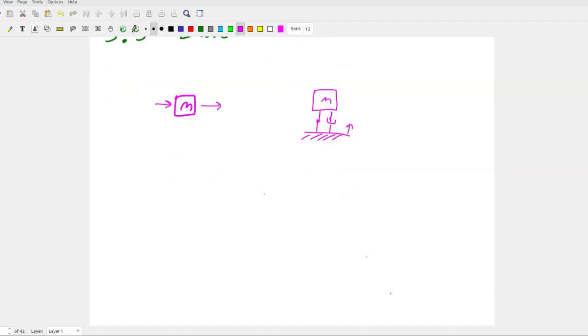So let's go ahead and draw our system. Our first problem here is to do a free body diagram. All right. Oh, wait. So that would be how we would draw it if we had a fixity.